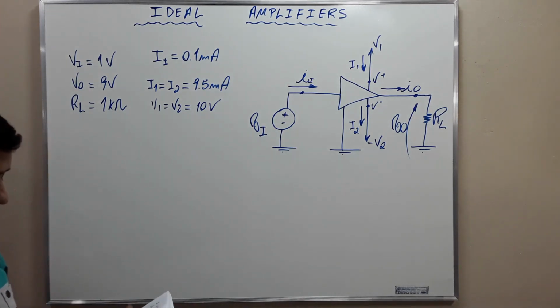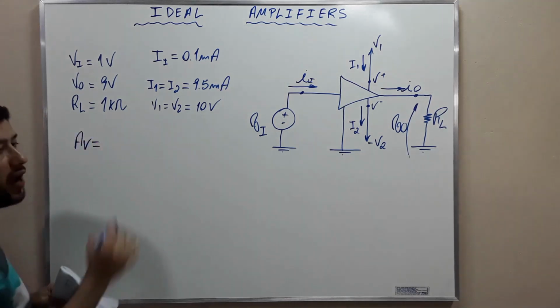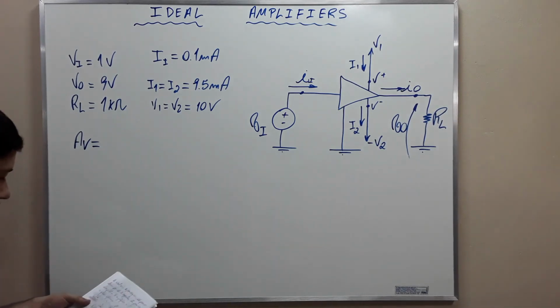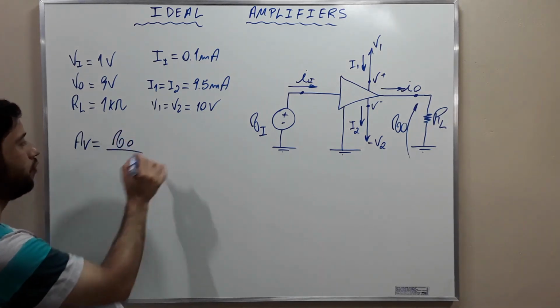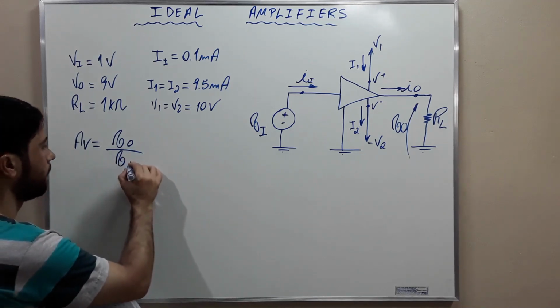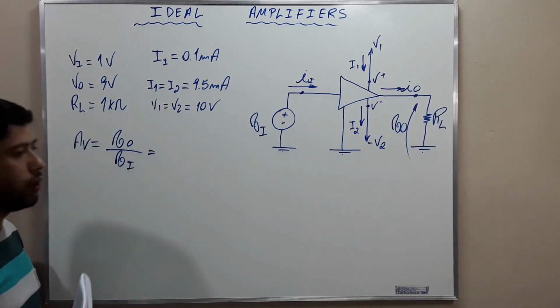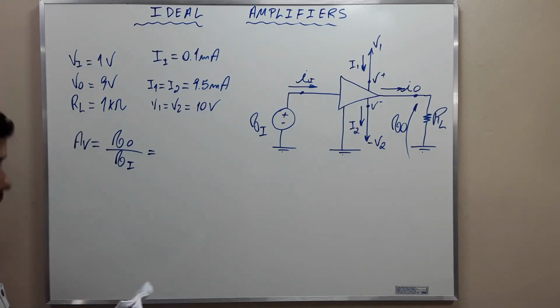Let's solve it. First of all, the voltage gain, AV, is defined to be the division between the output voltage and the input voltage. We are going to use here peak values.